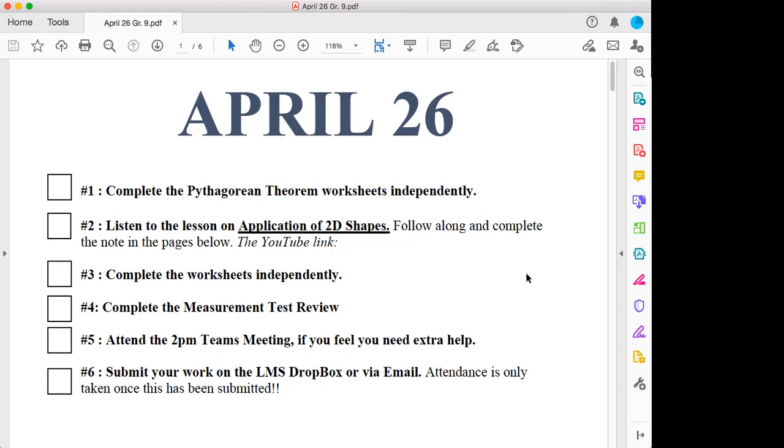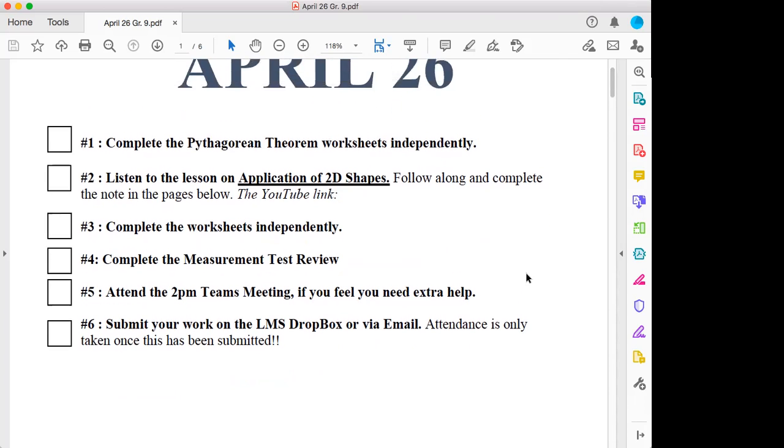I know some of you might be inclined to use the internet to look for your answers, so you're going to need to show me your work on your test step by step. So I don't just want an answer, so you need to be able to provide me the work that goes with it to get all of your points. So I hope that answers any questions. If there are more questions, let me know.